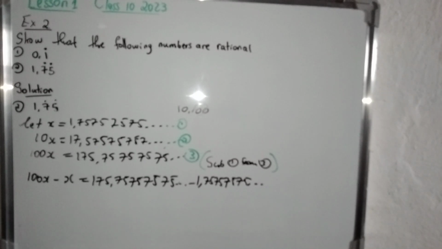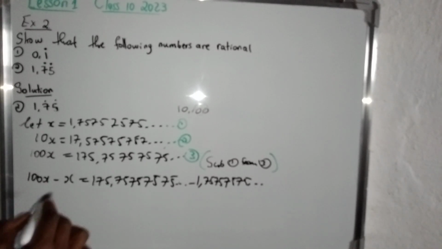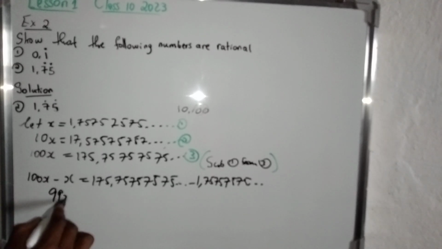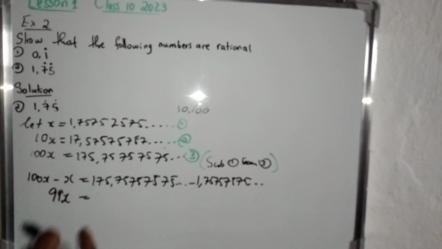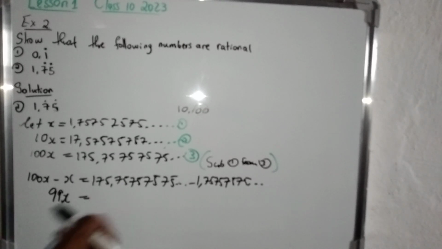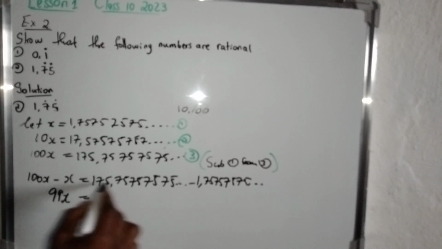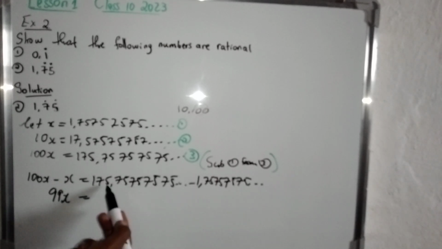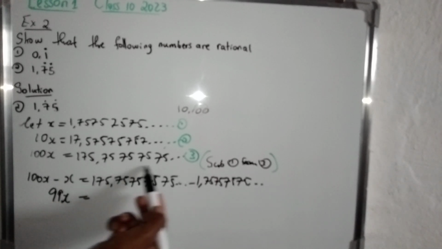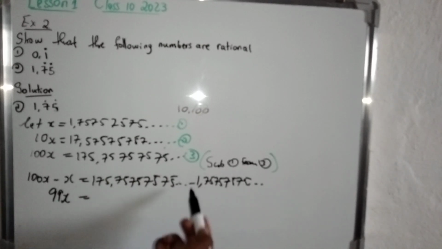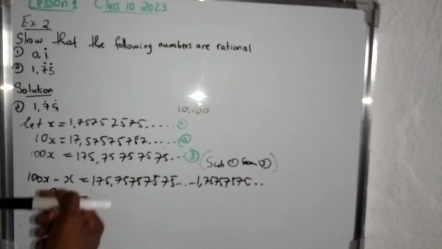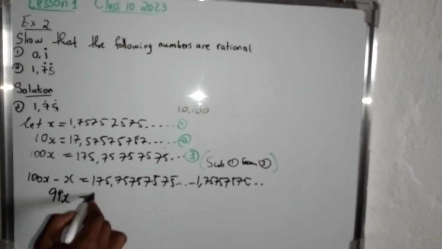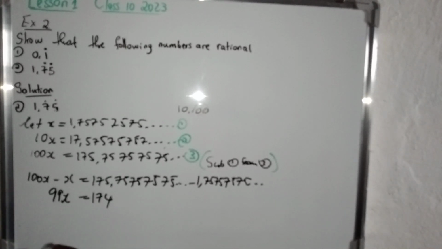Then we separate the two. 100 minus 1 is definitely 99x. And 175 minus 1 is going to be 174, because the repeating digits cancel each other, as they are the same. So 5 minus 1 is 4.